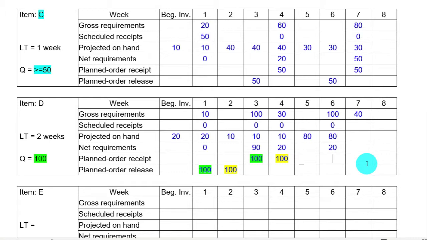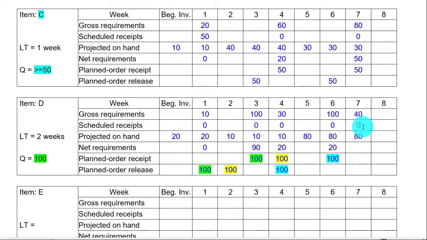But lot sizing is 100, so 100 will arrive instead of 20. One lot arrives, and you place an order right here in week 4. Week 7, 100 arrive, you use 20, so you have 80 on hand.